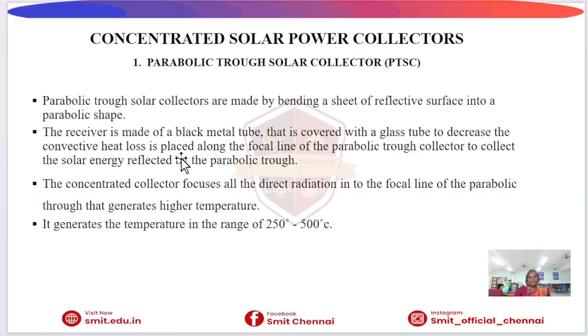The receiver tube is usually coated with a selective absorber material and covered with a glass tube to reduce heat loss. Concentrated sunlight heats the fluid inside the tube to temperatures between 250 degrees Celsius and 500 degrees Celsius. This hot fluid is then used to generate steam and drive turbines for electricity generation.